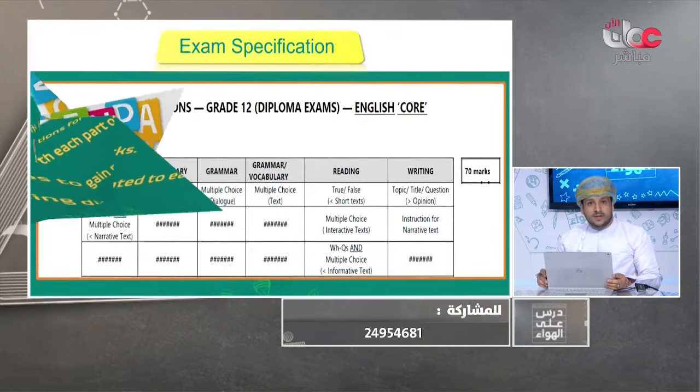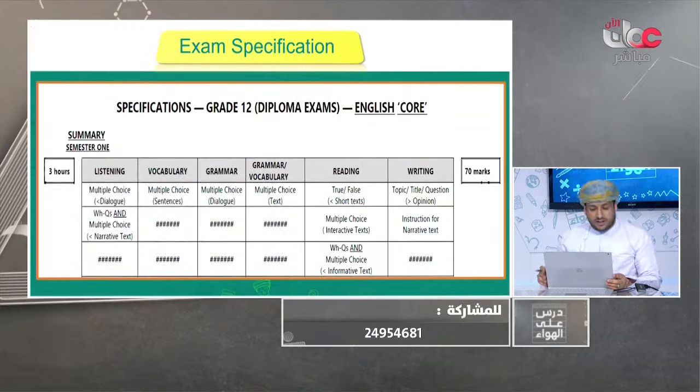Okay, now let's explain something about the exam specification. As you know, we have different skills. Listening, it's about 15 marks. The first task will include multiple choice, which you have to shade in the bubble next to the correct answer.